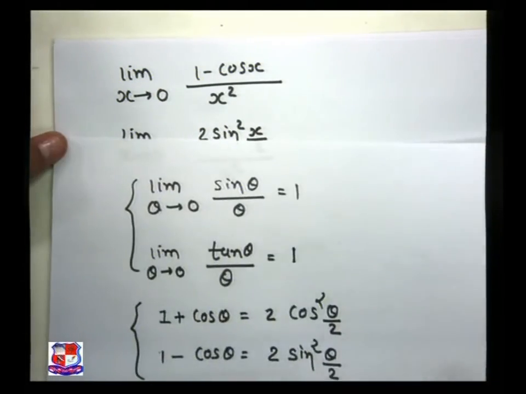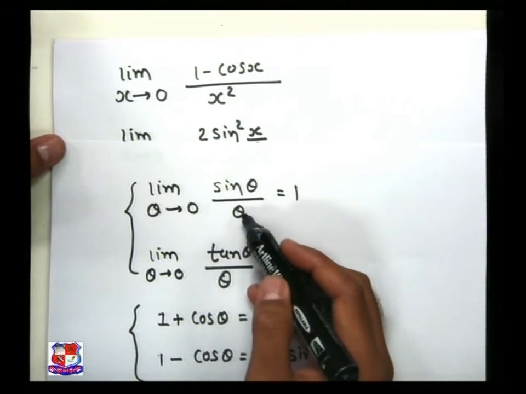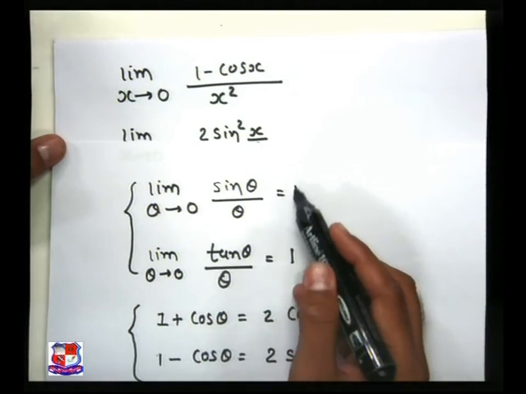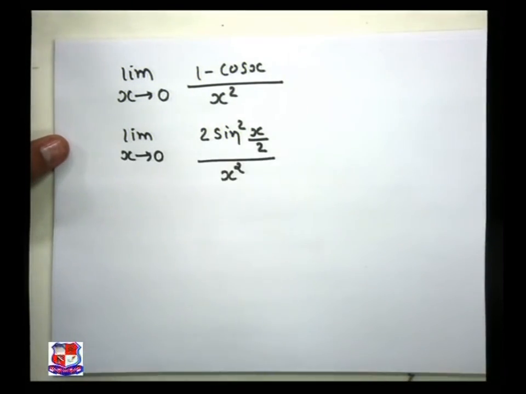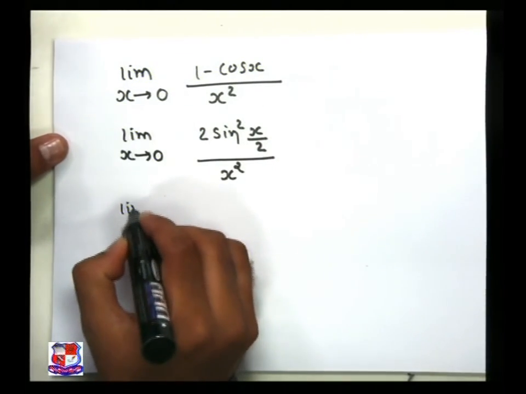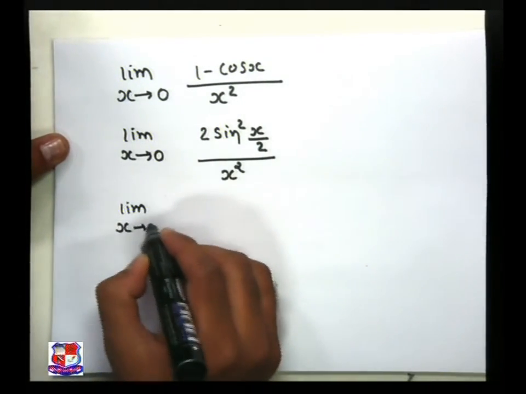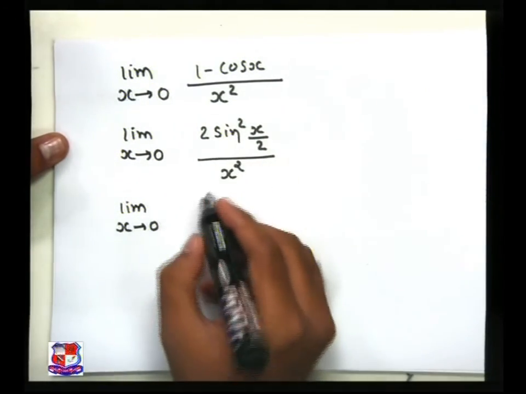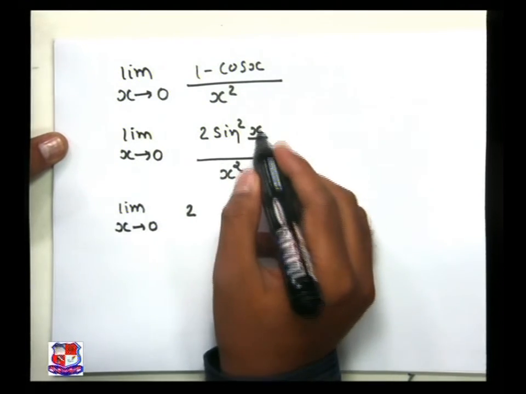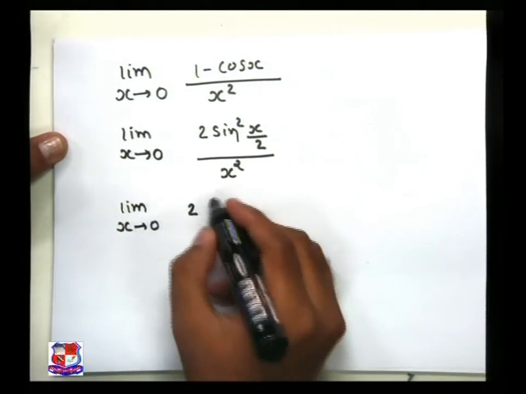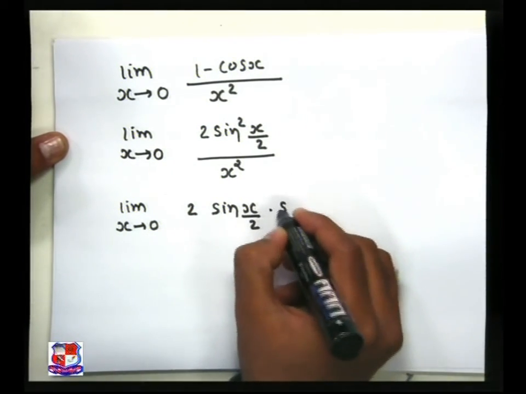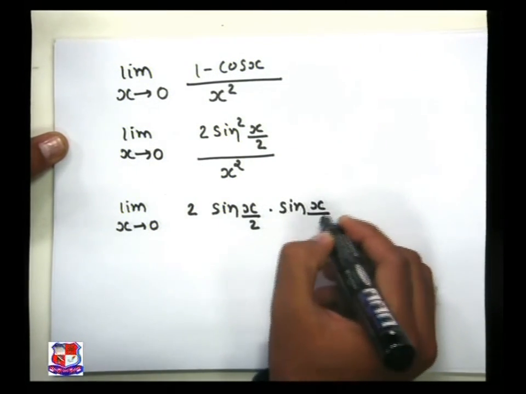Because our base sum is sin theta upon theta; when the theta matches in numerator as well as denominator, then we can write the answer as 1. So we represent our numerator this way: limit x tends to 0, here 2 as it is, but sin square x by 2 is nothing but sin x by 2 into sin x by 2.